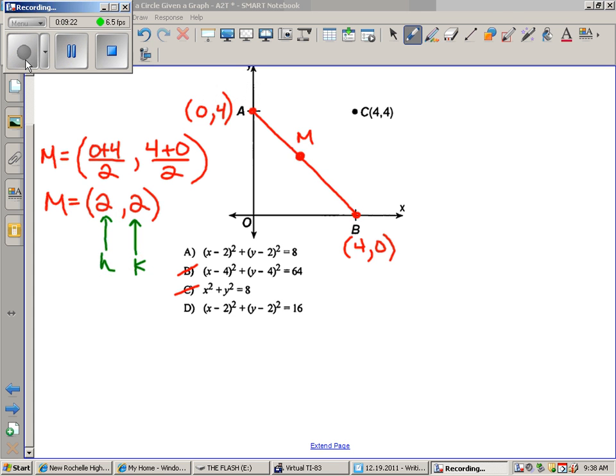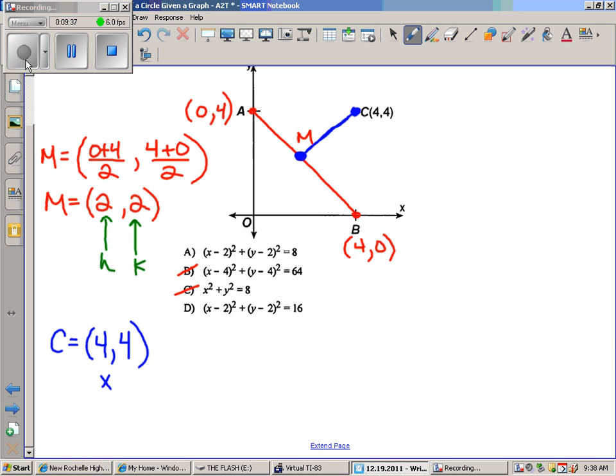Now that we have the center, and we have a random point that's actually on the circle itself, let's use them. So C equaling 4, 4, in terms of our circle, is going to be X and Y. And we know H and K, so we're going to plug it into the formula and try and figure out the radius. Okay? So, remember what the formula for a circle is.